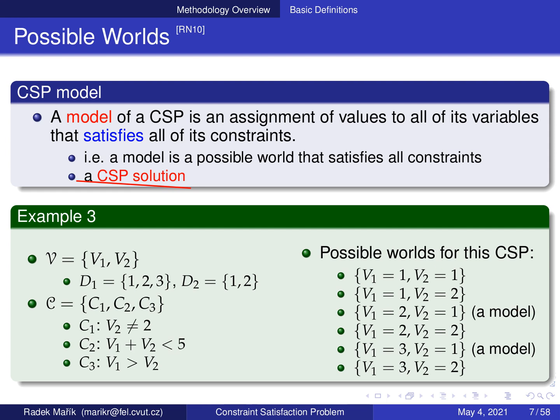For example, the first model violates the third constraint, that V1 is not greater than V2. And here we have a model. As you can see, V2 is not equal to 2, the sum is 3, which is less than 5, and the V1 value is higher than the V2 value.